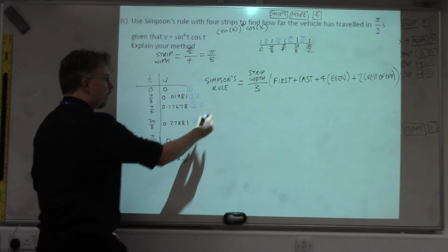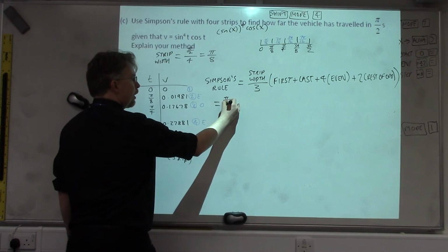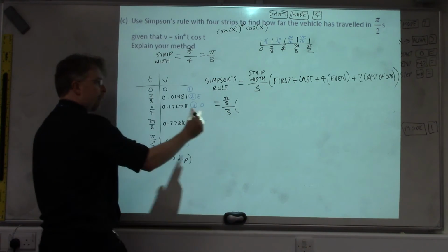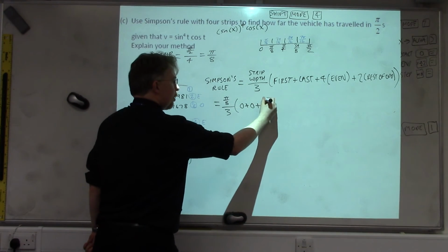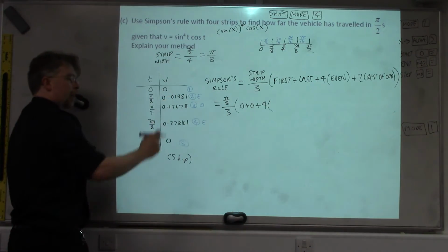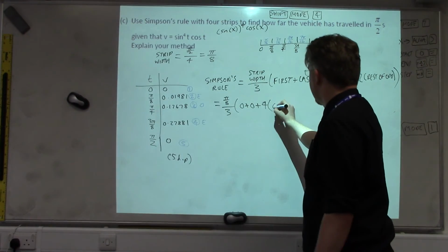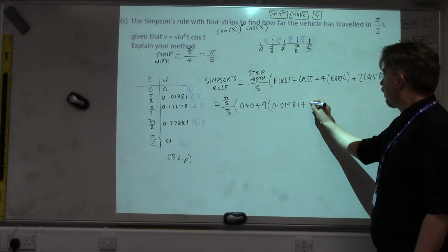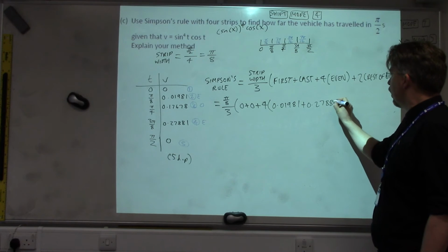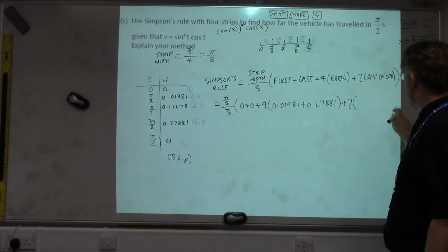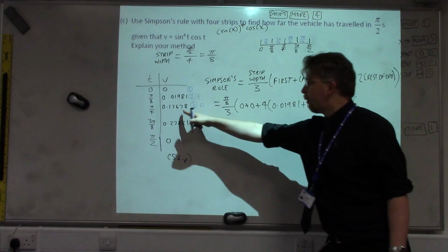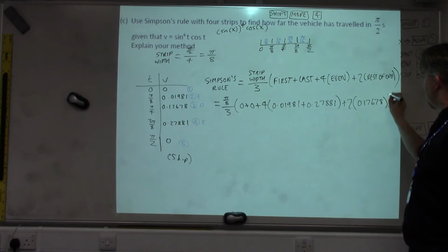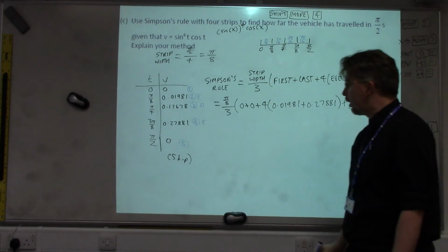Sticking in the values: pi over 8 over 3, open bracket, first plus last, 0 plus 0, plus 4, open bracket, even, so the 0.01981 plus the 0.27881, close bracket, plus 2 times the rest of the odd, well there's only one, which is the 0.17678, because the first and last have already been done.